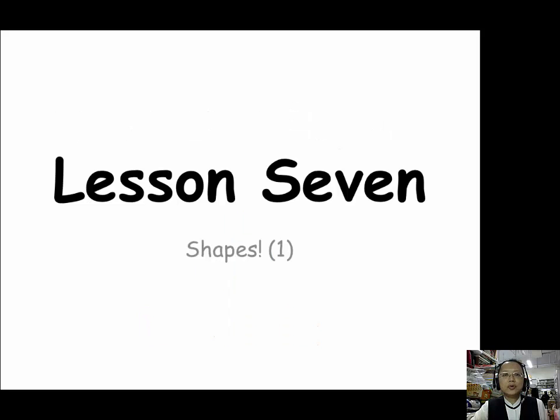Now let's move to lesson 7. In the first part of lesson 7, we will learn prefixes and suffixes for describing shapes.